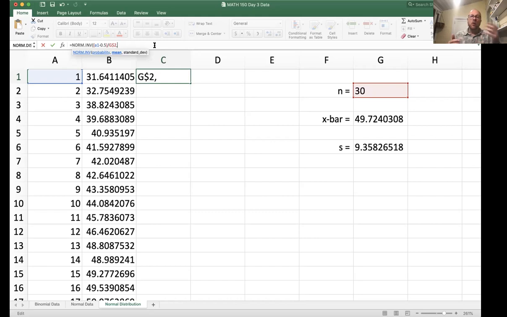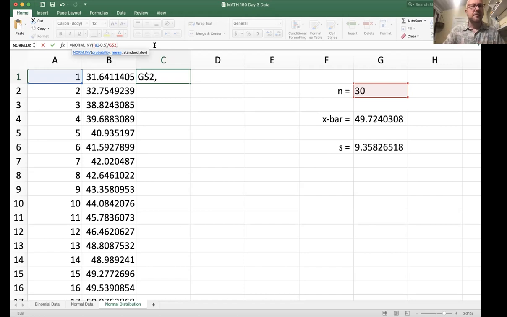Well, you would say 1 out of 30, so the position 1 divided by the n. But if you do that, it's going to goof up something that we do later. And I'll come back to this in a second. So the reason that we subtract the 0.5 is as a correction to get only the stuff that is less than this, as opposed to less than or equal to.